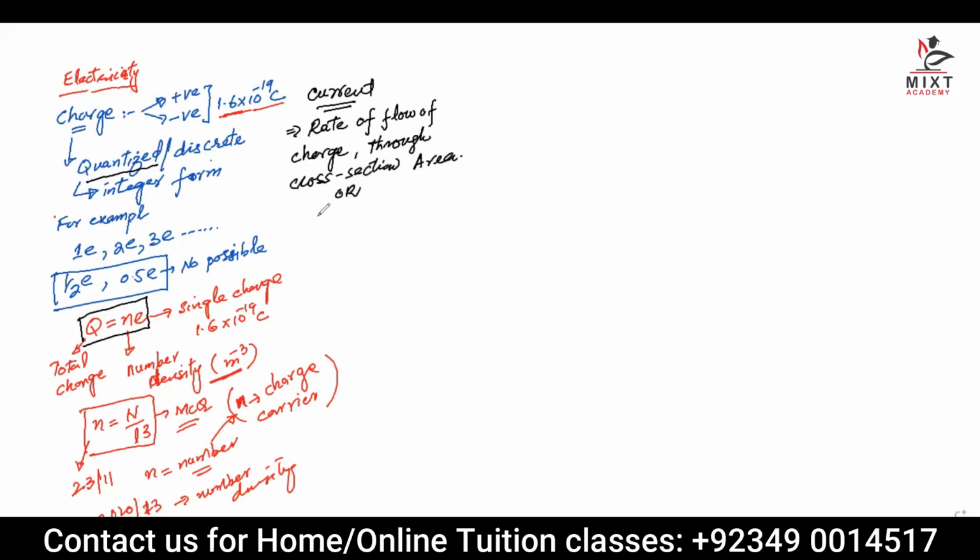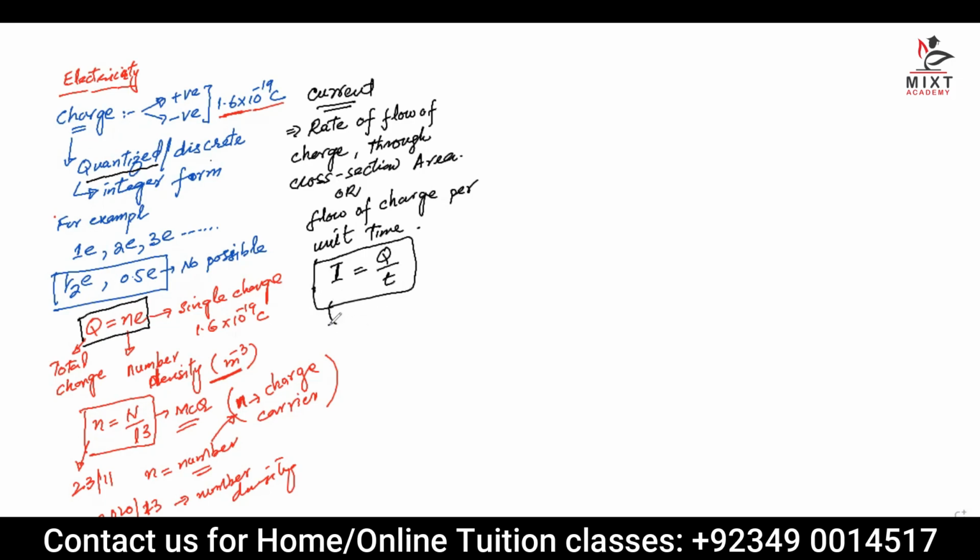Or you can write flow of charge per unit time. You can write like that. So from here, we can write the formula I is equal to Q by T. You have already studied this in IGCSE level, okay?